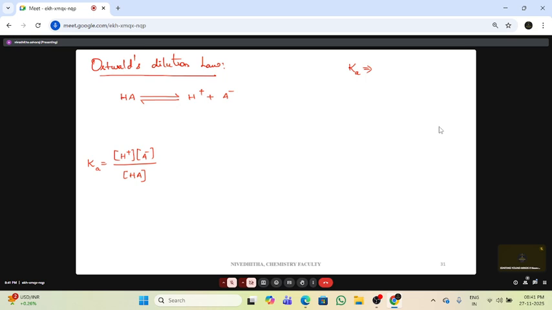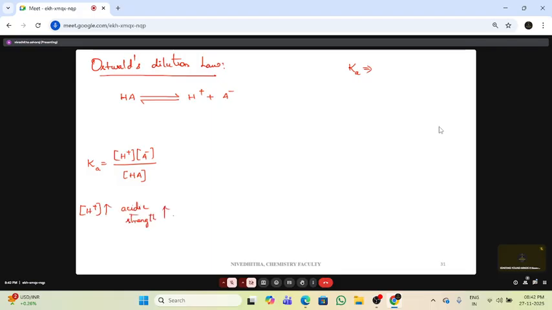If we are provided with the H plus ion concentration of each acid, the acid which has the lesser H plus ion concentration will be considered the weaker one, right? Something which releases H plus ion is considered to be an acid, and if the system releases fewer H plus ions, then that is considered the weaker one. So if the concentration of H plus ion is less, then the acidic strength is less. If the H plus ion concentration is more, then the acidic strength will be more.